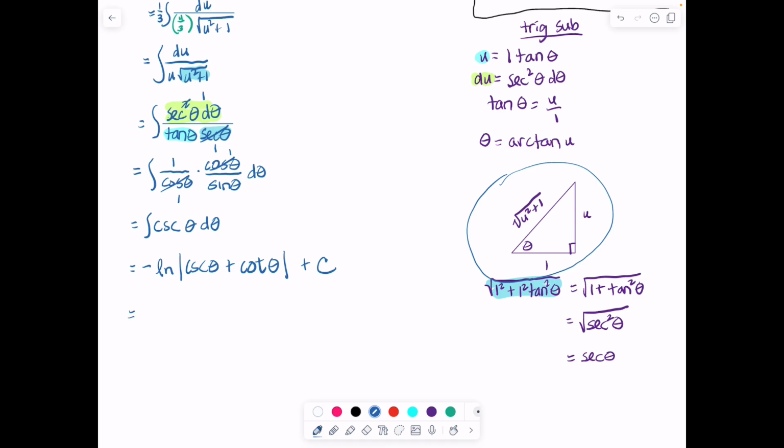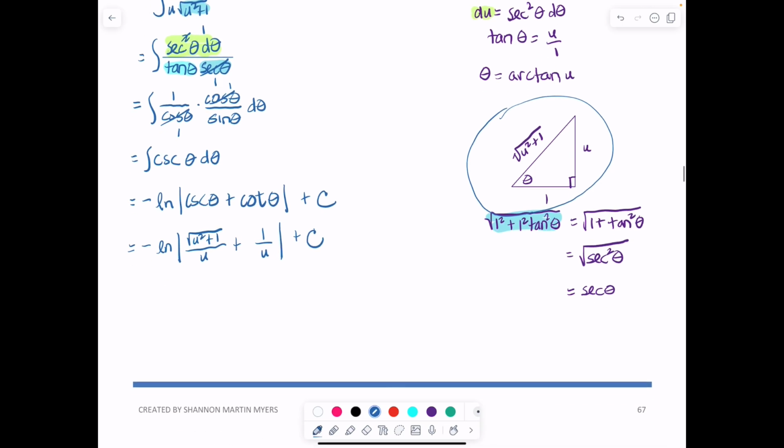And then cosecant theta will be the hypotenuse over side opposite, which is the square root of u squared plus 1 over u, and then the cotangent will be the side adjacent over the side opposite, plus our constant.